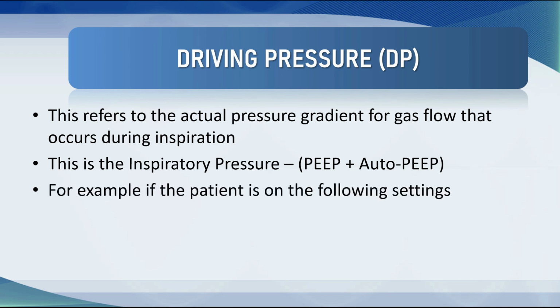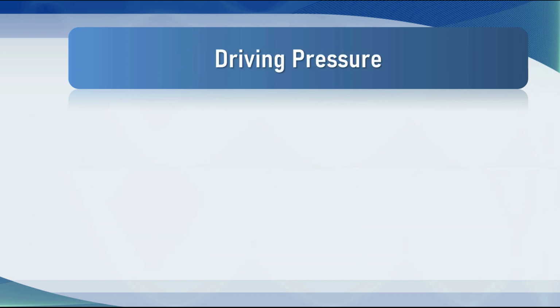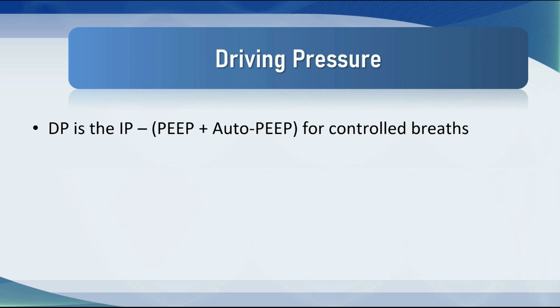For example, if the patient is on the following settings: an IP of 15, a PEEP of 5, and the Auto-PEEP is 3 centimeters of water, then the driving pressure is 12 centimeters of water. Just to reiterate, for controlled breaths, the driving pressure is the inspiratory pressure minus the PEEP plus the Auto-PEEP. So the Auto-PEEP reduces the driving pressure.